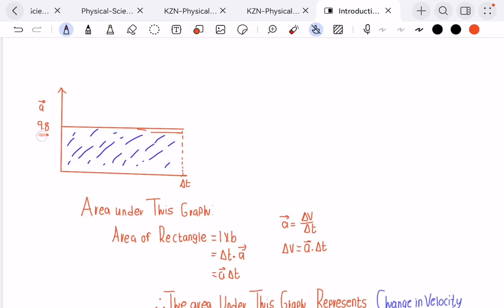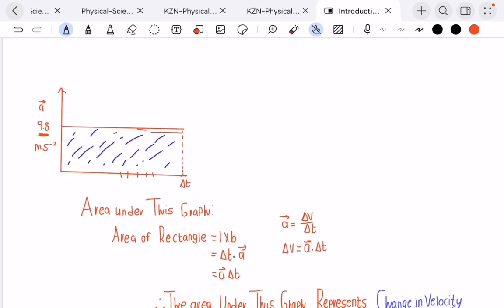At any time while our body is moving in the air, our acceleration is just 9.8. So at any moment in time, our body is going to experience an acceleration of 9.8 meters per second squared.